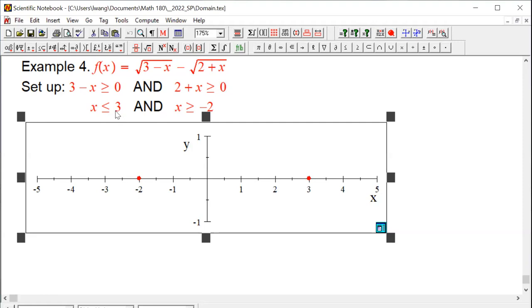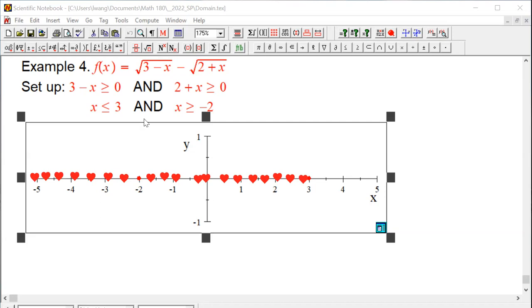Less than or equal to 3, meaning all of these numbers are less than or equal to 3.